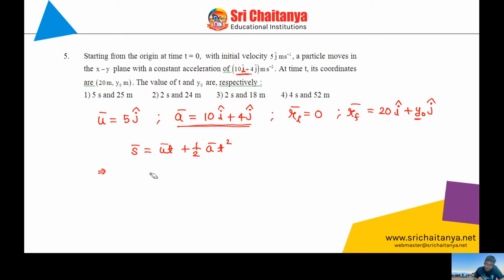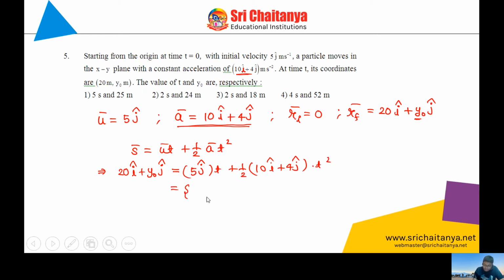So final position is given to us as 20 i cap plus y naught j cap, and initial position is anyway 0, so we do not need to write that. And u is given to us as 5 j cap into t plus half, and the acceleration is 10 i cap plus 4 j cap, into t square. And on the right hand side, I want to arrange it in a way that we can get the coefficient of i cap and the coefficient of j cap.